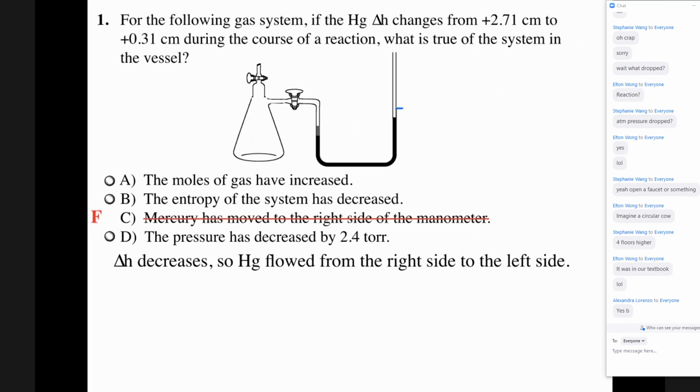Would that correspond to the gas value increasing or decreasing? Would that correspond to A, or does that also not work? If the moles of gas inside the system increased, would the pressure go up or down?